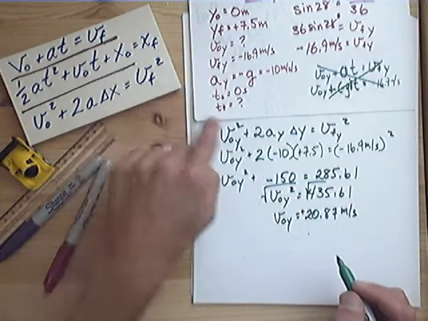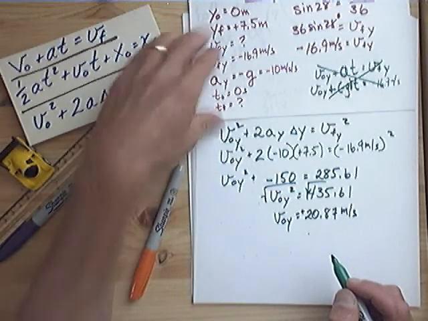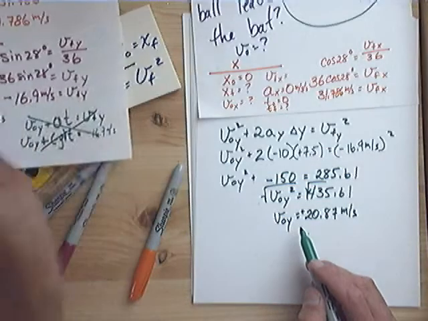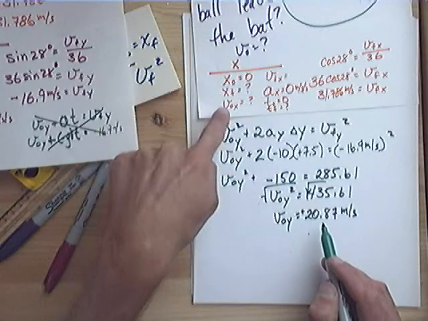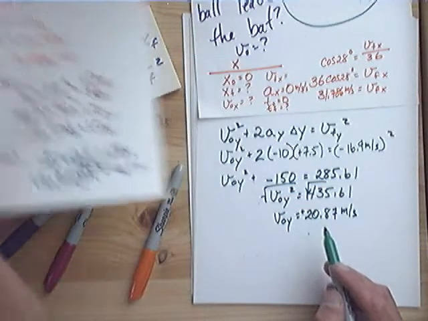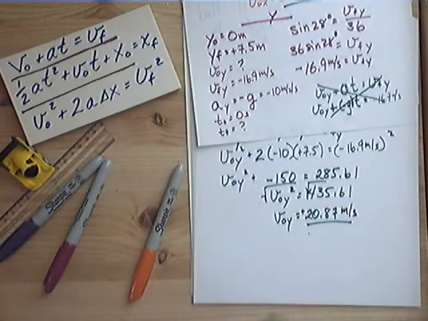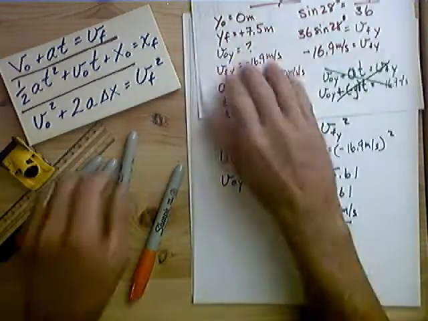Now I have my initial velocity in the y direction. I have my initial velocity in the x direction. It's right here and right here. Now we can go back to our original problem.